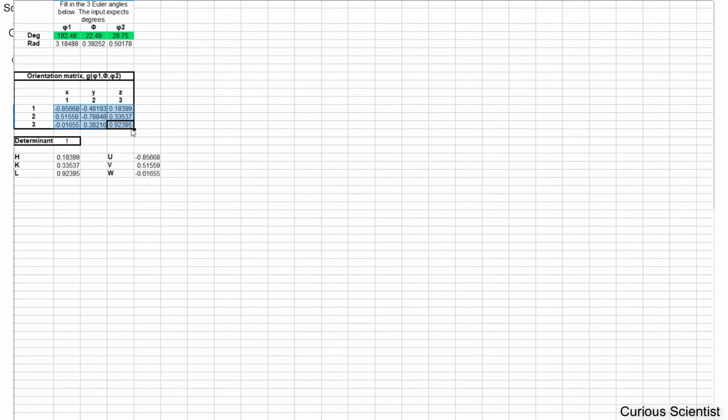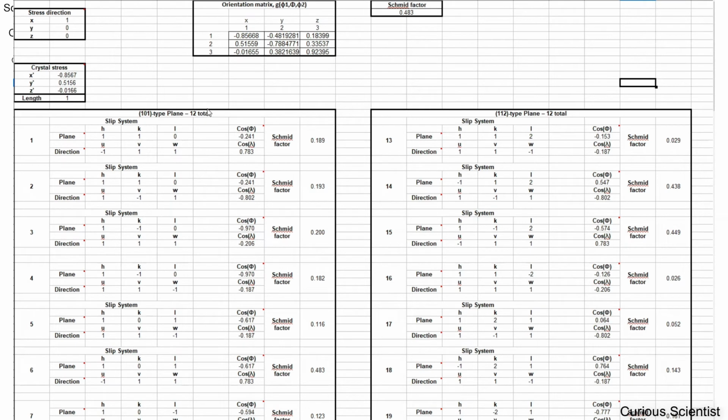So we have the orientation matrix, so we can move to the formulas where we calculate cosine phi and cosine lambda. So again, I just put the orientation matrix here, so we can keep our eyes on it. And then this is our stress direction. As I told you in the introduction, we define the stress direction to be a pure uniaxial direction in the x direction.